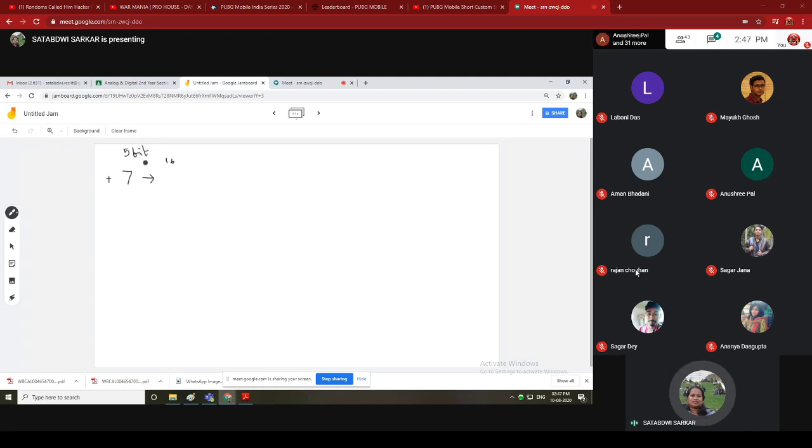So for representing this 7 in 5 bits, we know that 7 is 00111. Actually, it is 111, but if we want to represent this 7 in 5-bit representation, we have to put it this way. This is 5-bit representation, and if we add this 4 plus 2, that is 6, plus 1, 7. So this is 7.